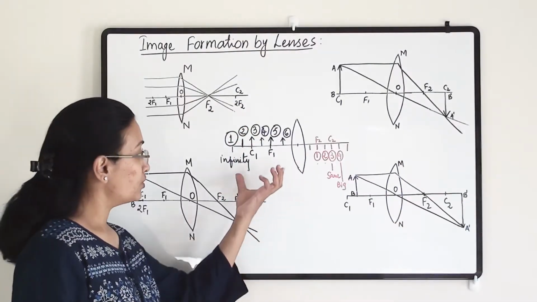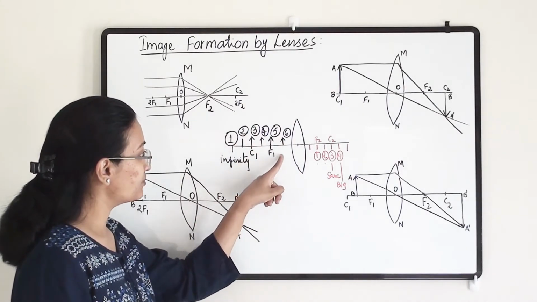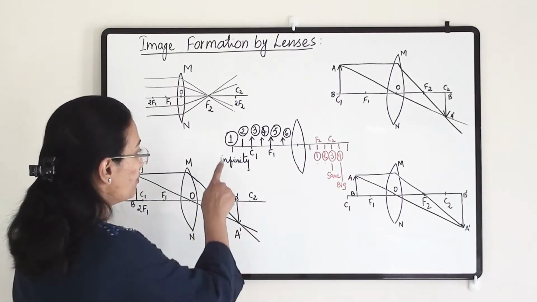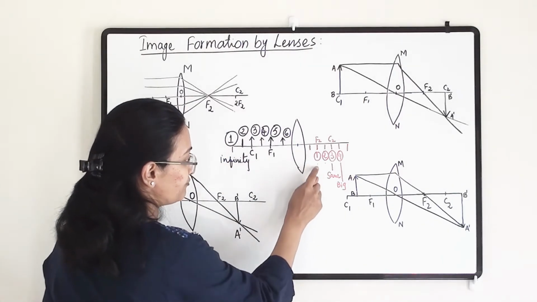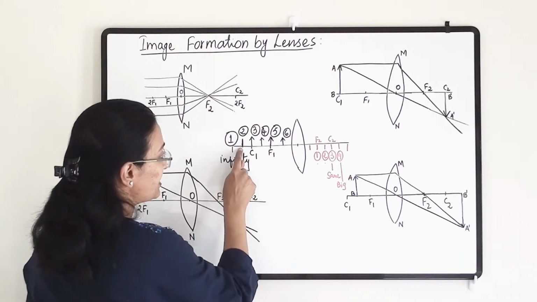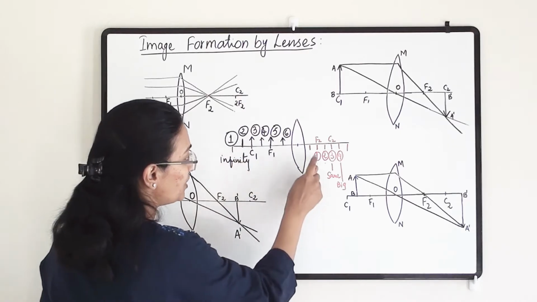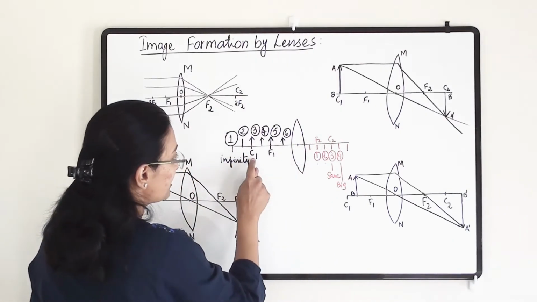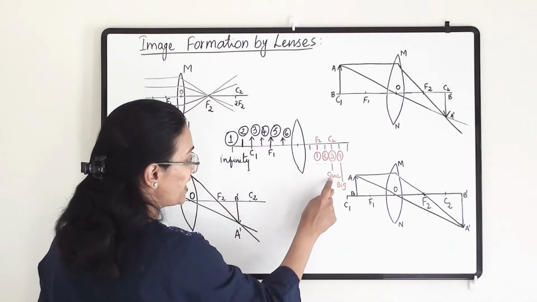Here we can note down that when we keep the object at different positions, we get the image at different locations. When we keep the object at infinity, we get the image at F2, and it is highly diminished. When we keep the object beyond C1, we get the image in between F2 and C2. When we keep the object at C1, we get the image at C2 with the same size.